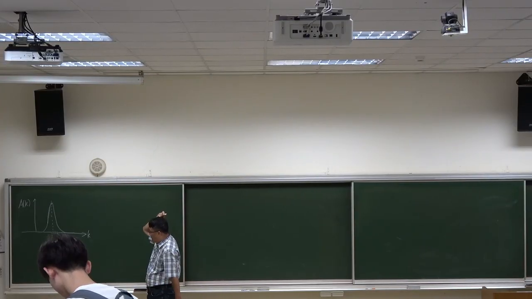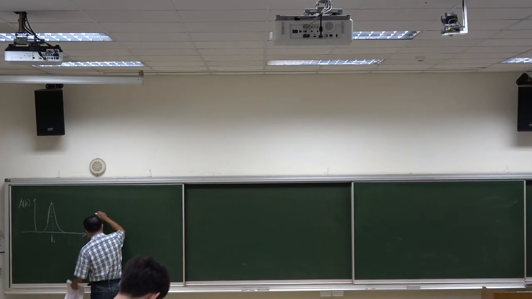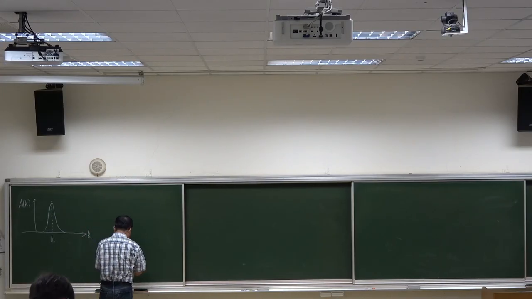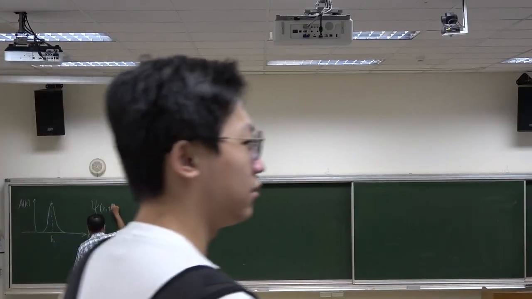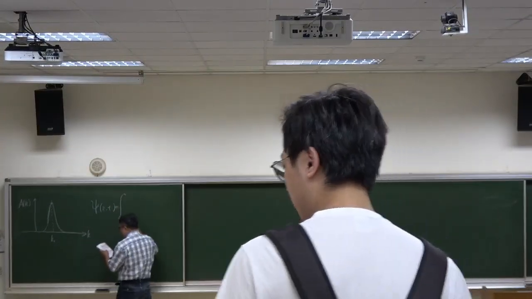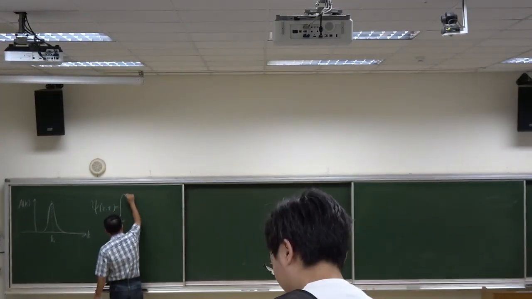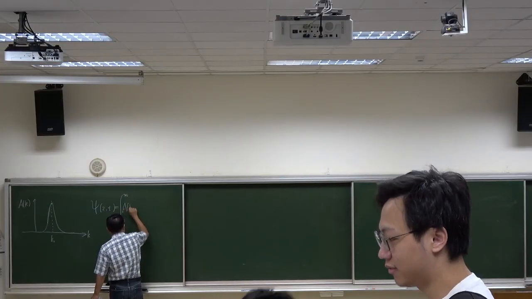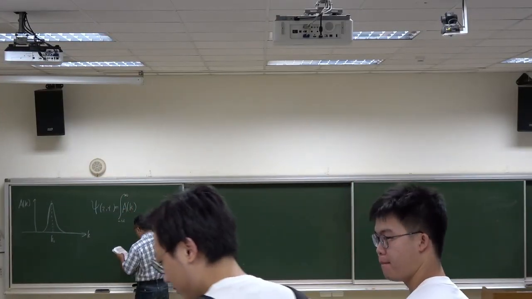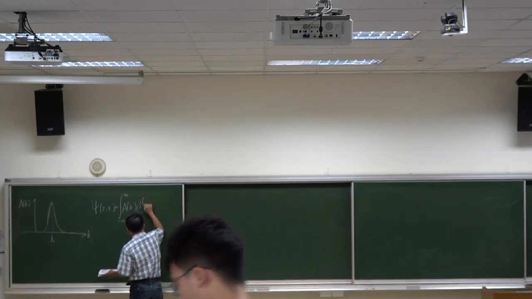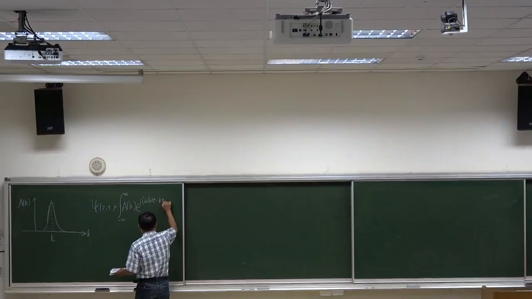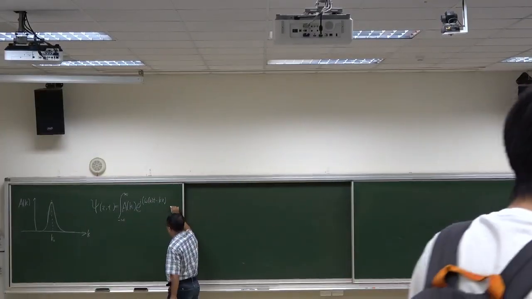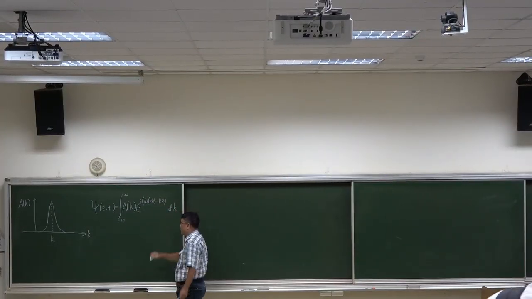We use this A(k) and consider this integration: psi(z,t) equals the integral of A(k) times exponential i(omega t minus kz) dk.